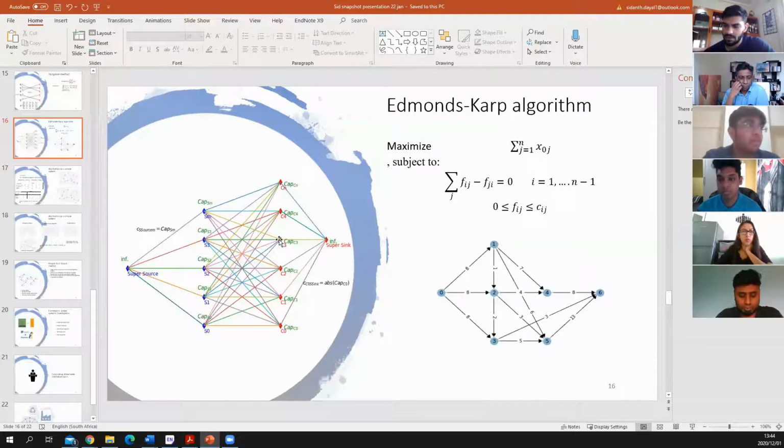I would imagine creating a variable C3, which is the sum of C1 and C2, and then maybe applying it with the Edmonds-Karp algorithm. So you would get a network in which you push through the commodities in such a way that you maximize the flow of those commodities from source to sink.